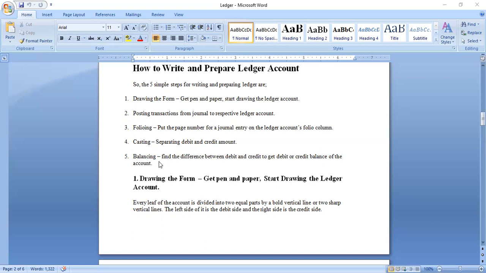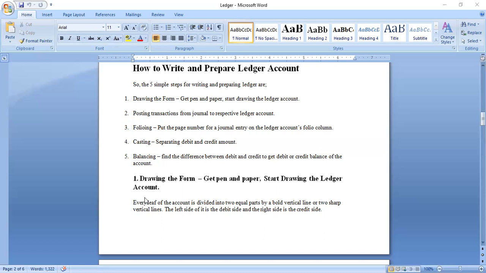And step number five, balancing. Find out the difference between debit and credit to get the debit and credit balance of the account. After we finish transferring all the transactions from the journal to the ledger books, obviously we complete our balance at the end of the day.